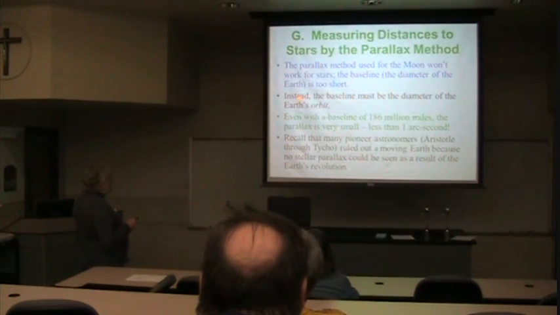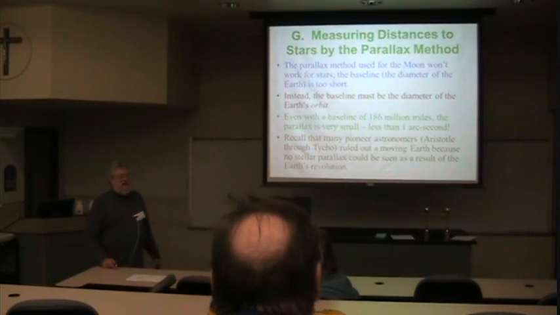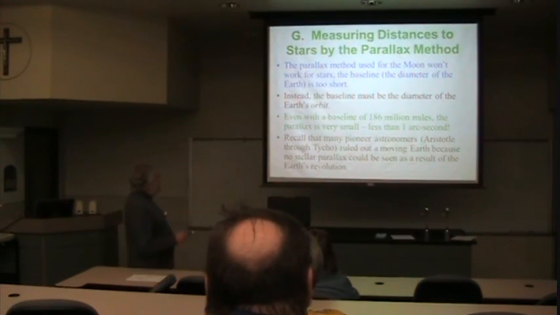Even with the baseline of the Earth's whole orbit, 2 astronomical units, 186 million miles, no stars are close enough to even give a parallax of 1 second of arc, 1/3600th of a degree. So that's obviously not visible to the naked eye, no matter how sharp-eyed you are. And so no one had ever seen any visible parallax from the stars, which was causing the problem.